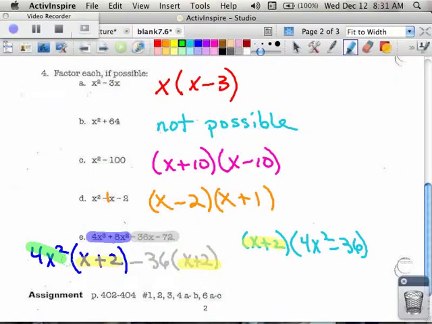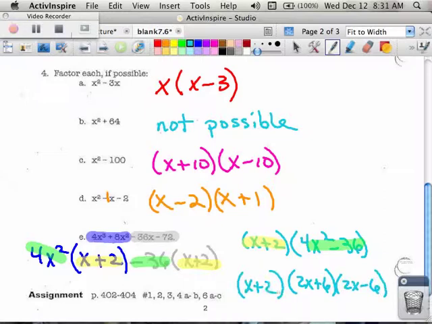But surprise, surprise, what I see is that the second parentheses has two perfect squares in them. 4x squared is a perfect square, and so is 36. So that second parentheses I can write as 2x plus 6 and 2x minus 6. And I still have that x plus 2 that I started with after I factored. So here's my x plus 2, and those difference of two squares turned out to be the following.